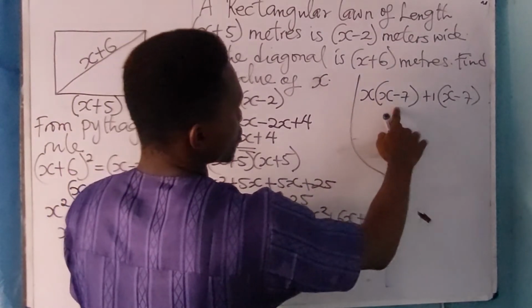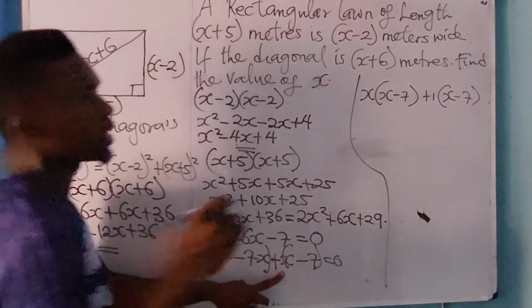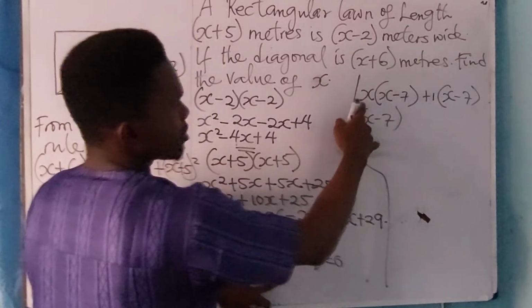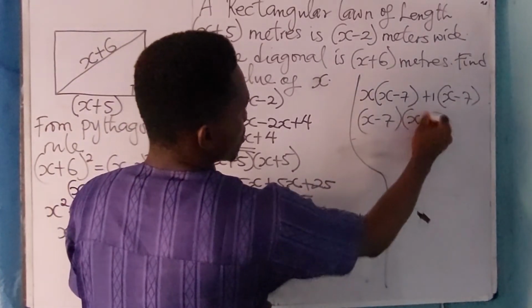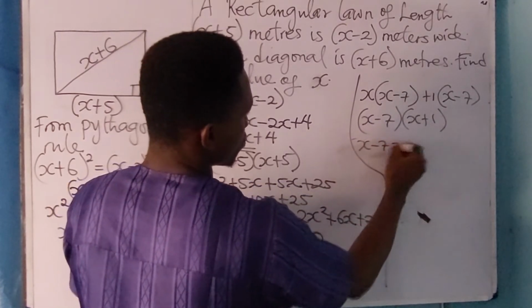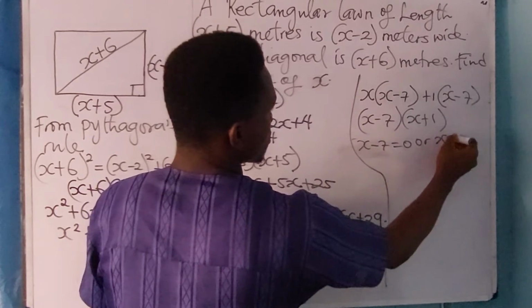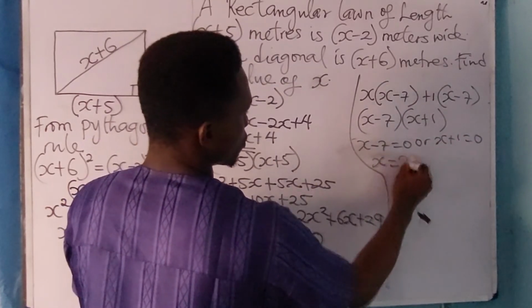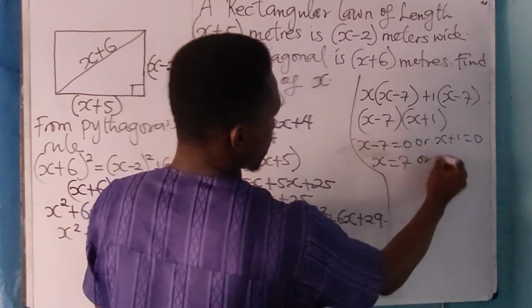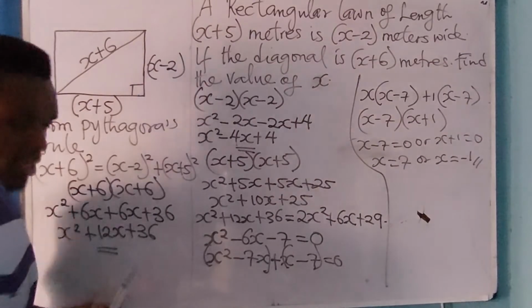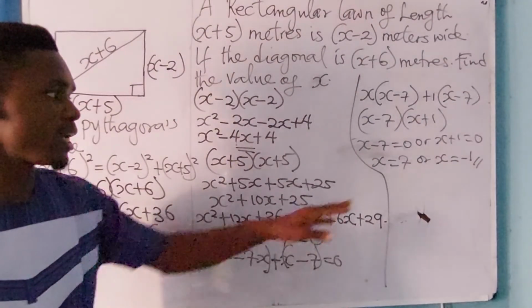Since I have x minus 7, I'll pick it, and what am I left with? x plus 1. Therefore, x minus 7 equals 0, or x plus 1 equals 0. Therefore, x equals 7, or x equals minus 1. That is the value of x.